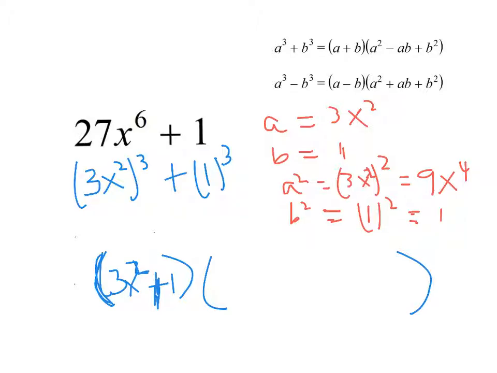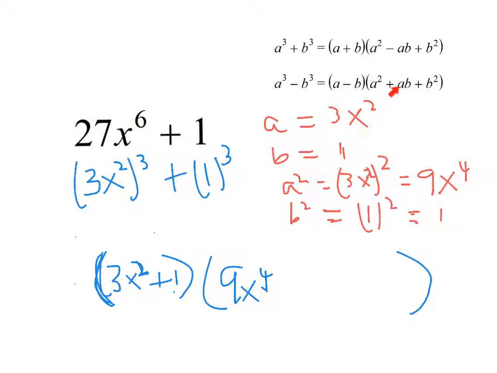I really don't like that looking like that, so we're going to clean it up and do it again. Sorry for your time. So it'll be 3x squared plus 1, and then a squared is 9x to the 4th. That's my a squared. It's 3 squared, x squared squared, so it's 9x to the 4th.